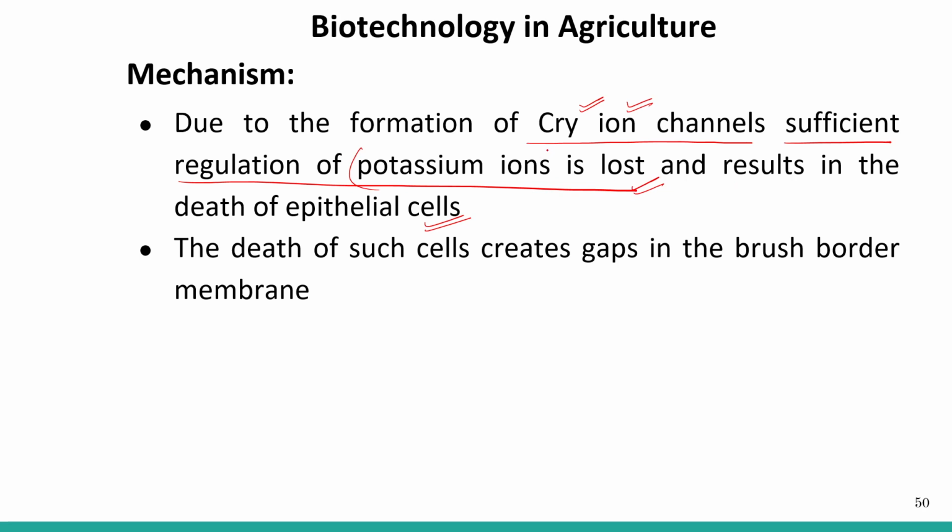So this potassium ion imbalance is caused because of the attachment of the Cry protein to the cadherin receptors. The death of such cells creates gaps in the brush border membrane. So when these epithelial cells die out, that creates a gap in the epithelial border cells.